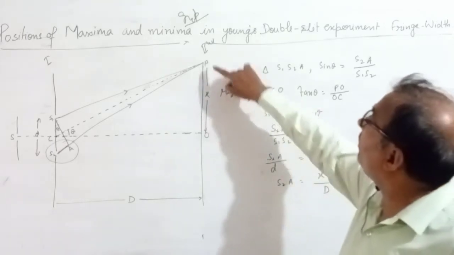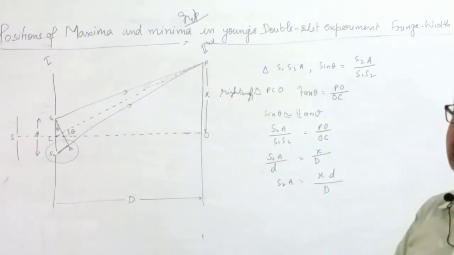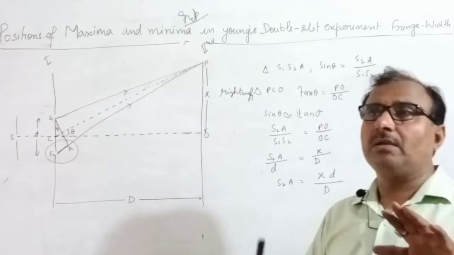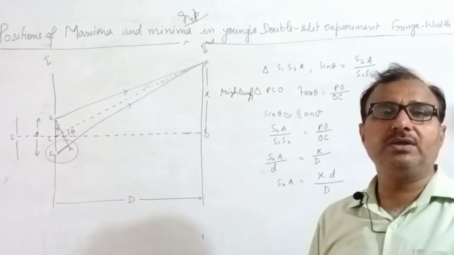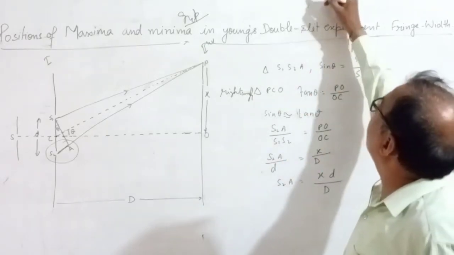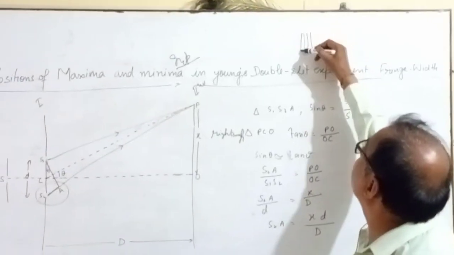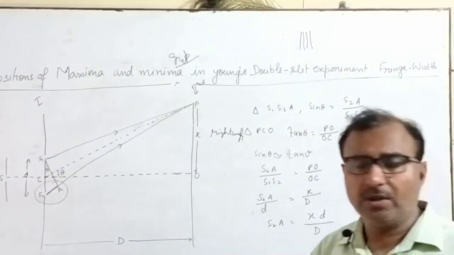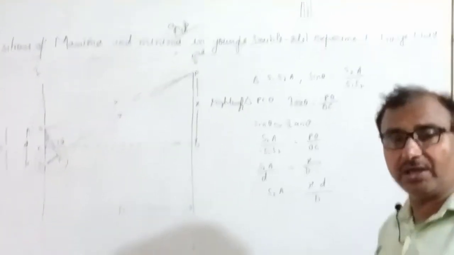What is x? x is the position of fringe. What are fringes? When interference takes place, we get dark and bright bands. These are known as fringes. Here, dark and bright bands of equal width. Right? These are known as fringes. So S2A equals xd upon capital D.